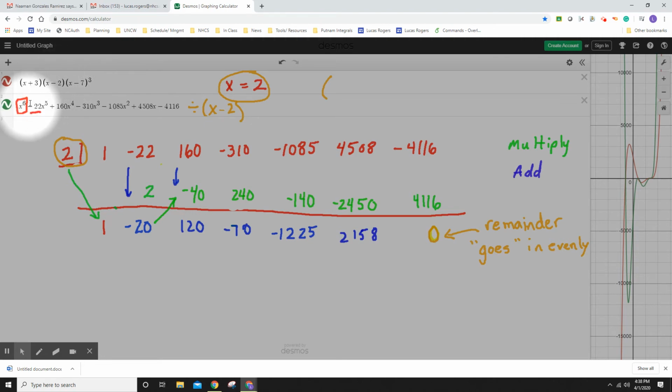And what that's going to do is change the entire order of this polynomial. It's going to change it from being a 6th degree to a 5th degree. It's going to decrease the amount of times that it crosses the x-axis by 1, because x minus 2 was a factor since we got 0 from the division as a remainder.